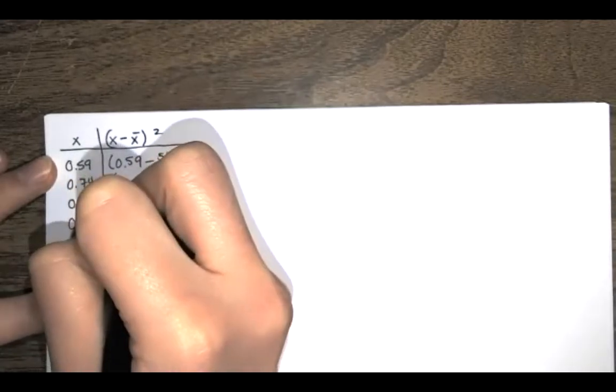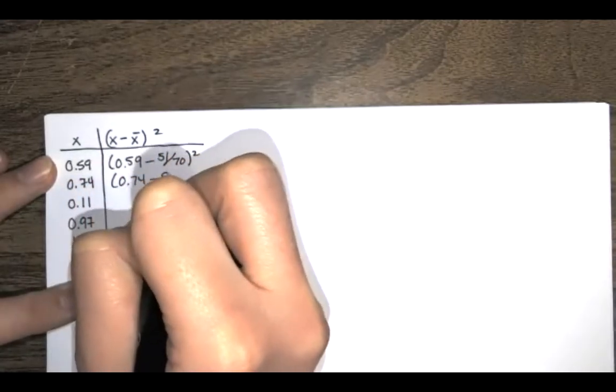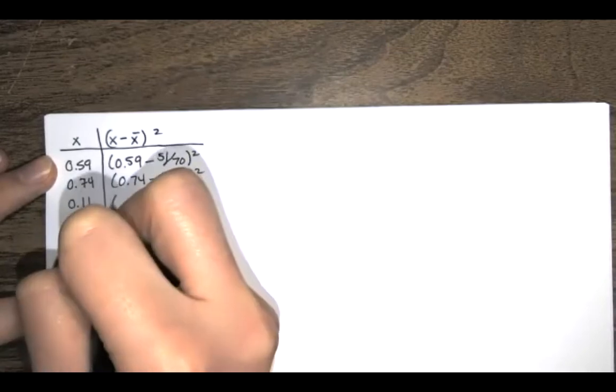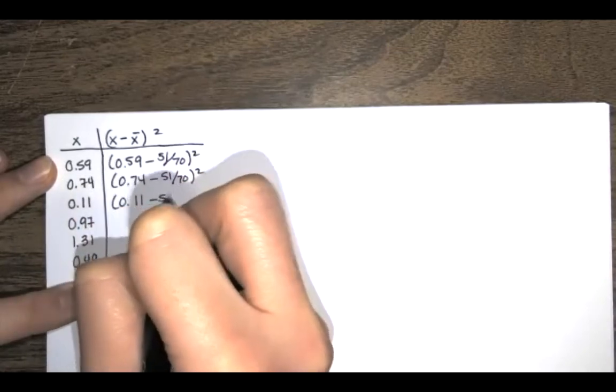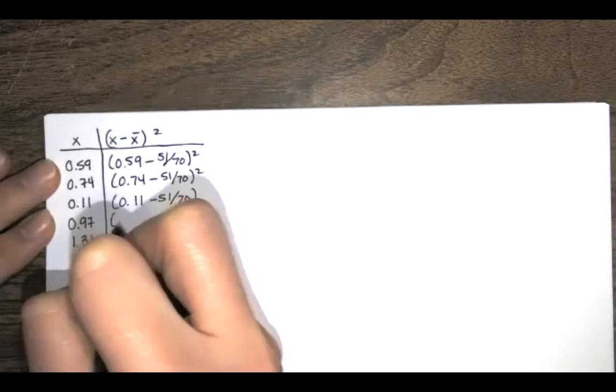And then we're going to take all of those and square them. So I have 0.74 minus 51 over 70. 0.11 minus 51 over 70. And you just keep going.